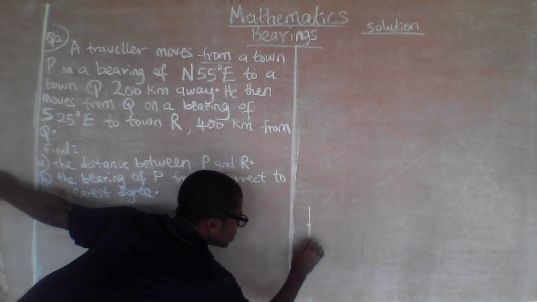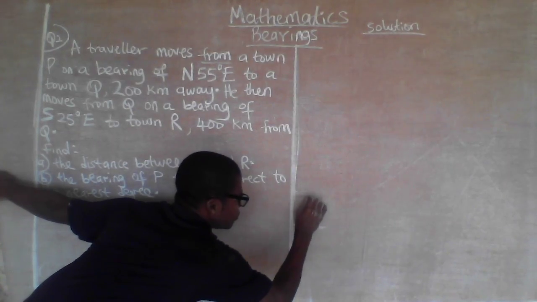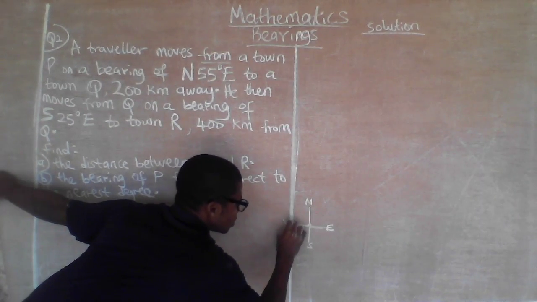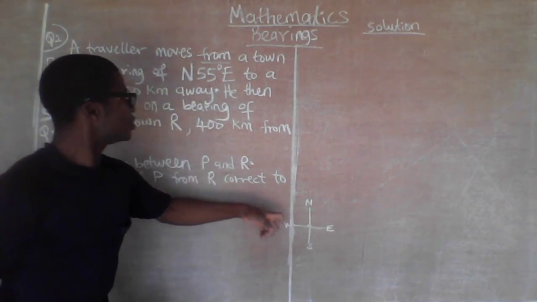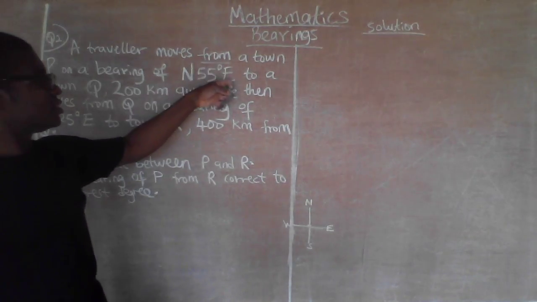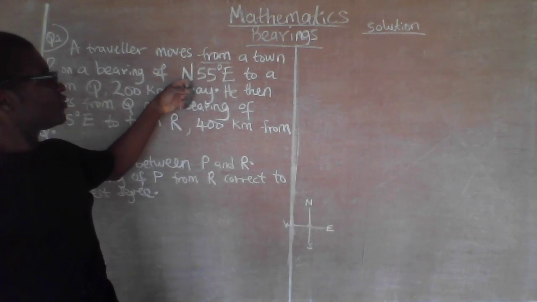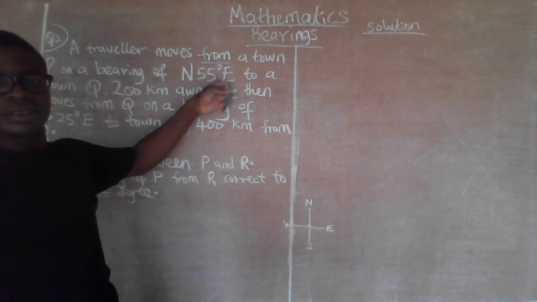Let me draw a Cartesian at that point and put the cardinal points north, east, south, and west. The bearing at this point is north 55 degrees east. This means that from the reference point north, measure 55 degrees to the east direction.